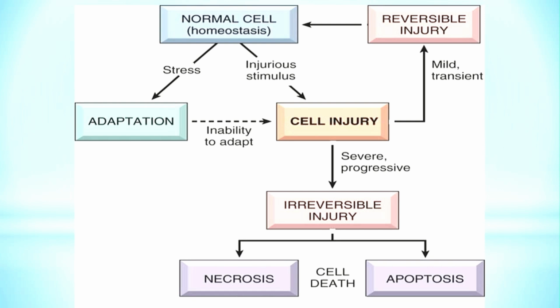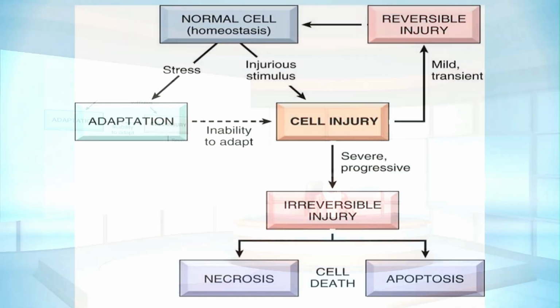If the cell injury is mild and transient, it will be a reversible injury and the cell can go back to the normal status of homeostasis. But if the injurious agent persists and is severe and progressive, this injury will lead to irreversible injury. And there are two types of cell death, which are necrosis and apoptosis, and we will talk about them in our next lectures.